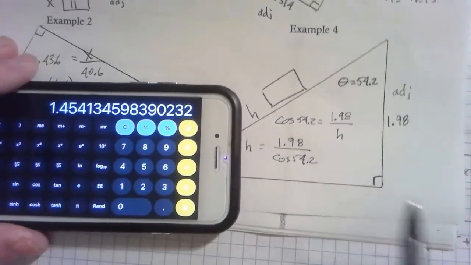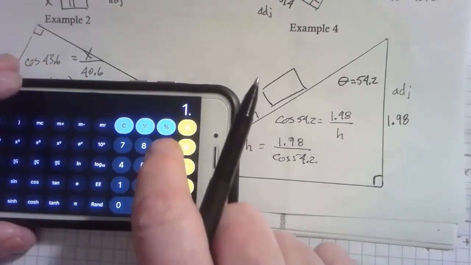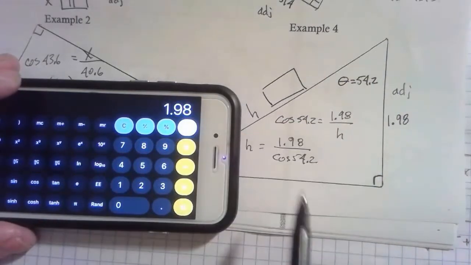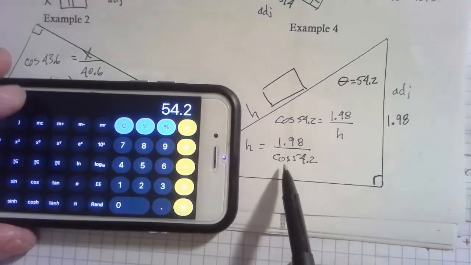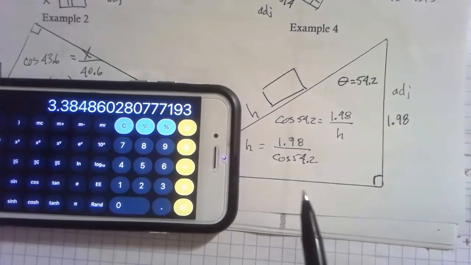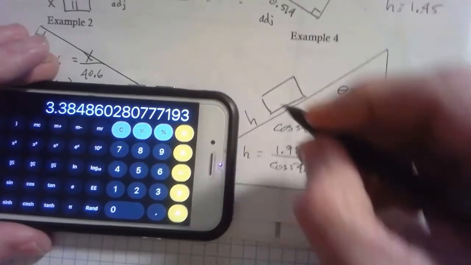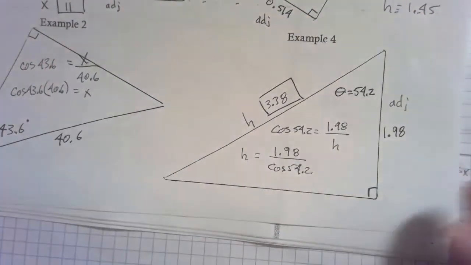So on my calculator, 1.98 divided by, type in 54.2, hit cosine, and then hit equals. 3.38 works. All right. So that's how you set those up.